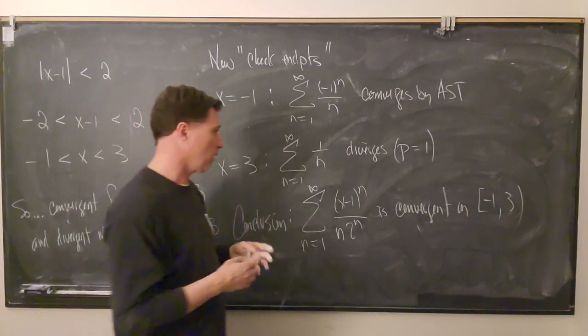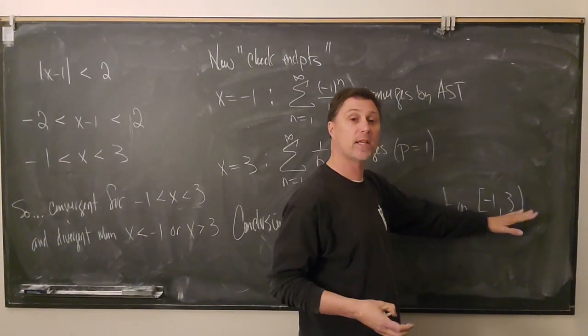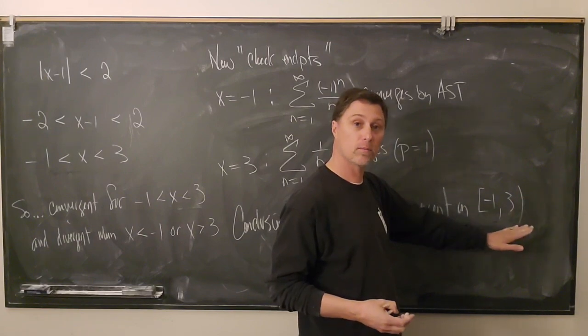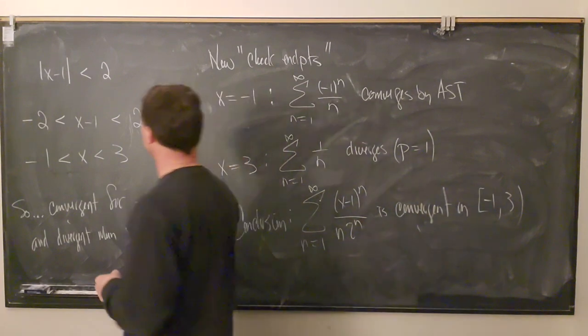If x is any number in this interval, then we're guaranteed that the power series converges. If not, then we're guaranteed that the power series diverges.